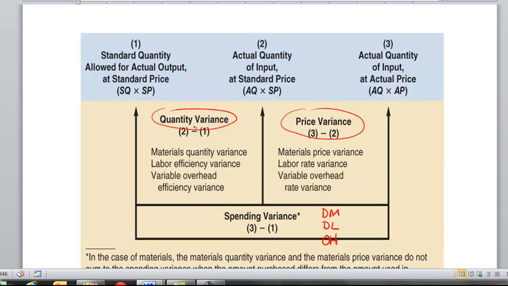So we want to break it down, because total variance, when you add the quantity and the price variance, could cancel each other, and you might have a total variance that says it's favorable. But when you break it into its quantity and price variance, one might be unfavorable, one may be favorable.